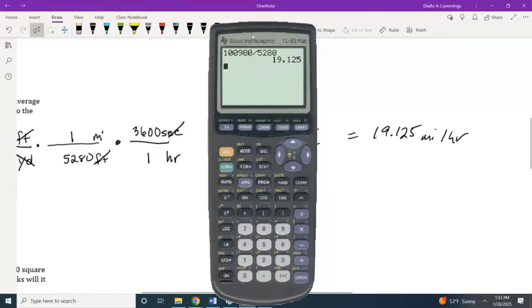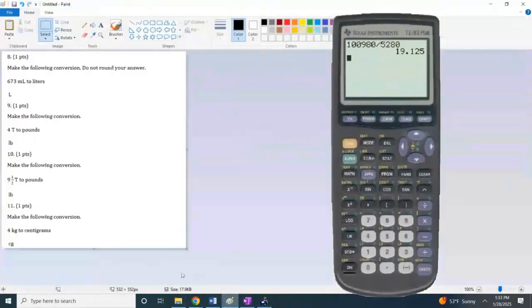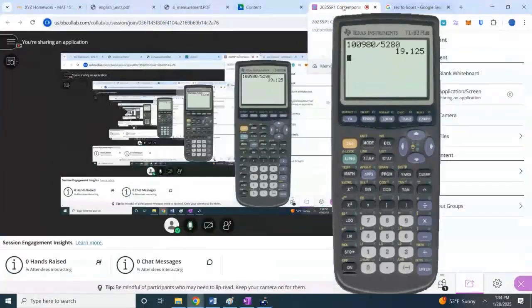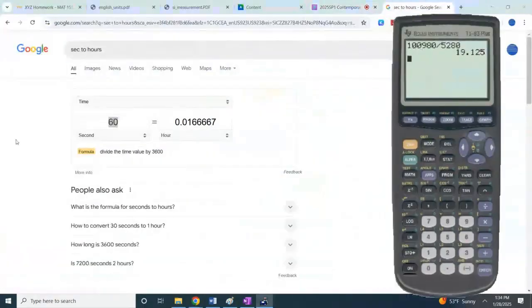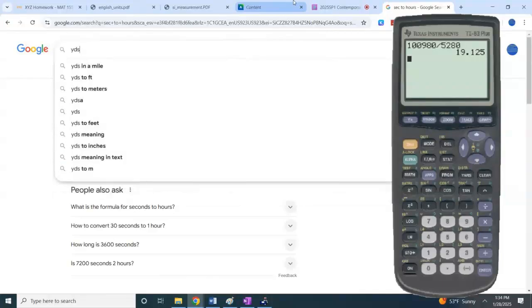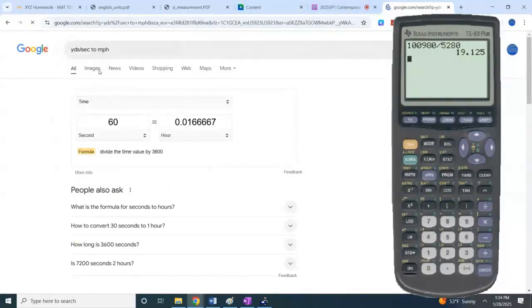I don't know if you can do that in Google. Let me see if it'll let you do. So now this is what I'm going to put in the search. I'm going to put in yards per second to miles per hour, and it popped up right here.